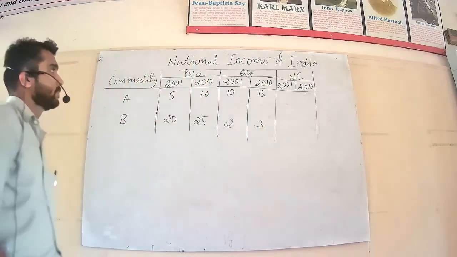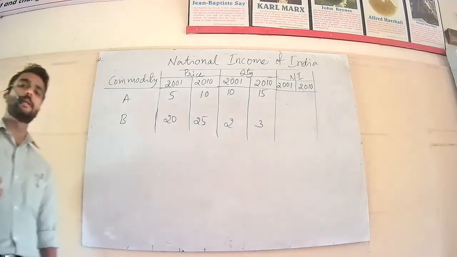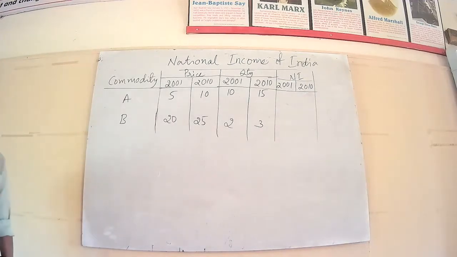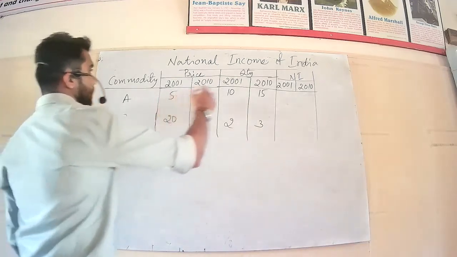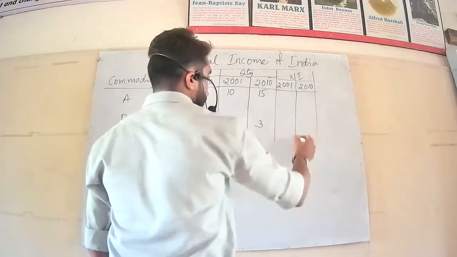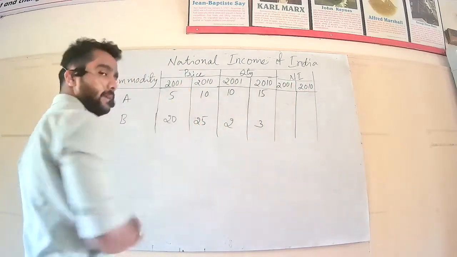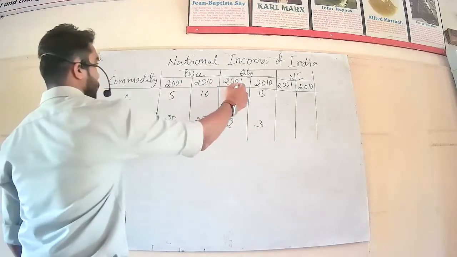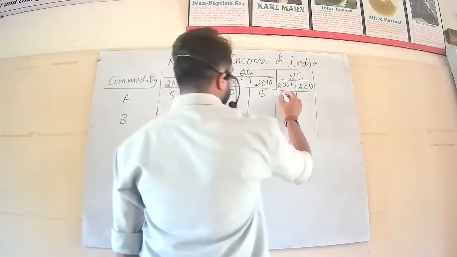As we know, national income is calculated by multiplying the price of the product and the quantity of the product. Let's calculate the national income for the year 2001. Let's multiply price in 2001 and quantity in 2001. 10 into 5, 50.